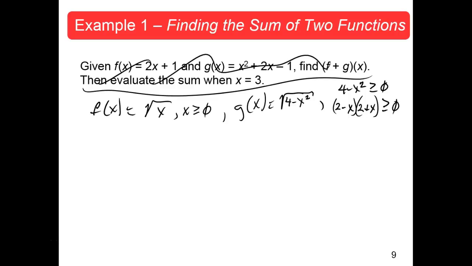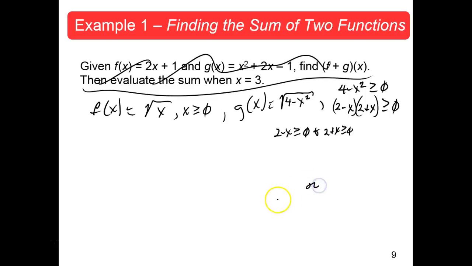So we have a little bit of manipulation to do here. Either 2 minus x, which you want to do first, positive or negative, I don't care. Positive. Is greater than or equal to 0 and 2 plus x greater than or equal to 0.